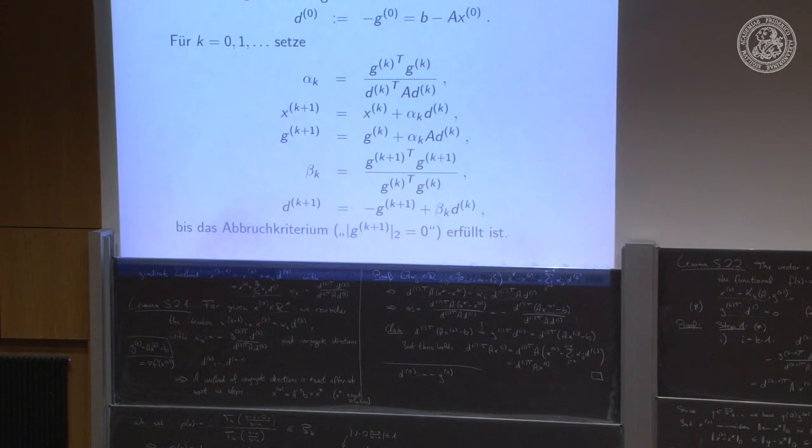Then you determine the next gradient and the beta k to determine the next conjugate direction, and so on. Either you end after several steps when you have the exact solution, or you end with this convergence rate when your approximate solution is good enough in your opinion. So then we are finished for today.